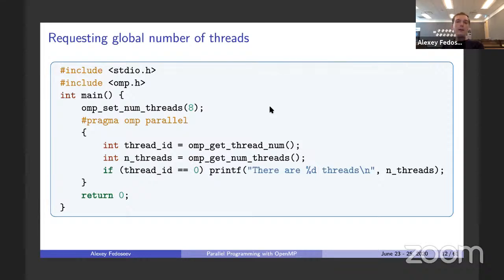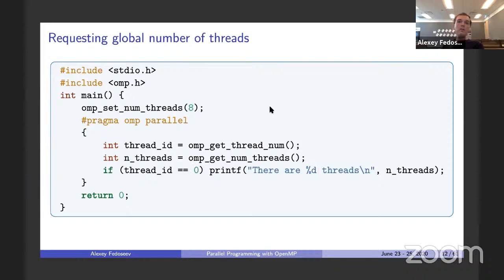That's the command that will actually return the number of threads that were allocated. So you can ask for 8 threads, but if you got only 7, OMP get num threads will give you the 7 as a value. And that's why I store it in the variable n threads, and that's what I'm going to work with.